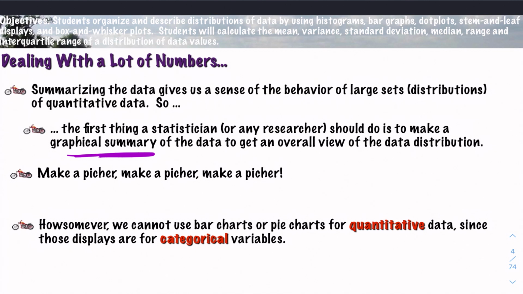We want to see what is going on here, which is why I say again and again and again, you will make a picture, and make a picture. However, we cannot use bar charts or pie charts for quantitative data because that is exclusive for categorical data.